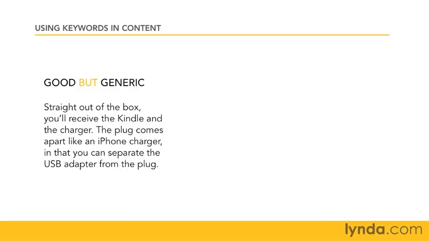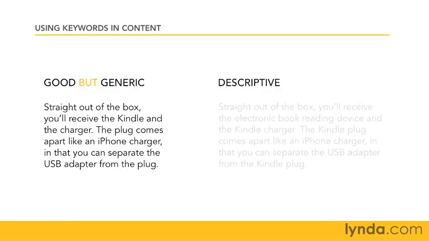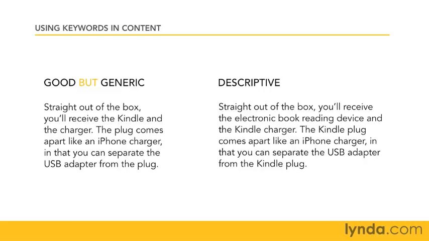Well, let's see how we can take this one small paragraph, 2 sentences, and turn it into a nice keyword-rich paragraph. Still 2 sentences. Straight out of the box, you'll receive not just the Kindle, but the electronic book reading device itself. And not just a charger, but a Kindle charger.